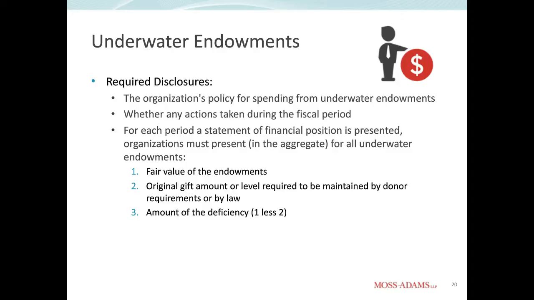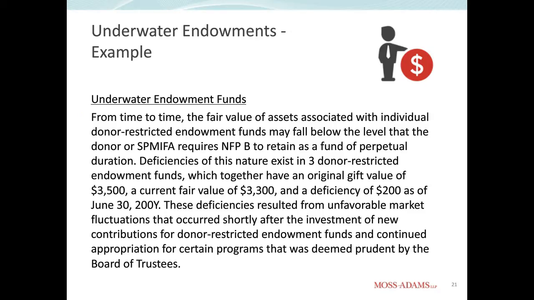On the next slide here, we just have an example for you of what that footnote may look like. And as you can see, there is a reference to SPMIFA, which is the State Prudent Management of Institutional Funds Act.